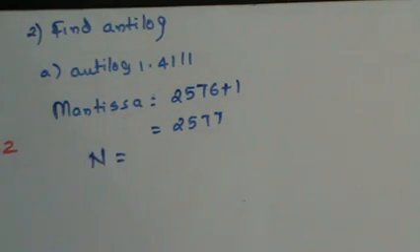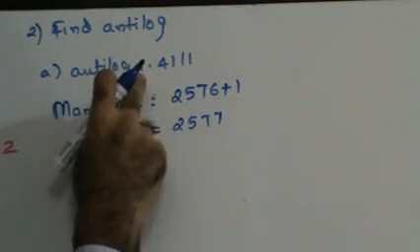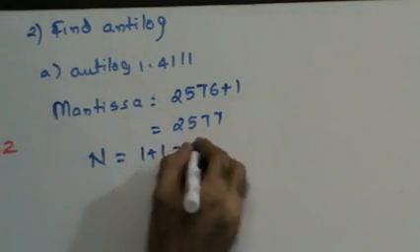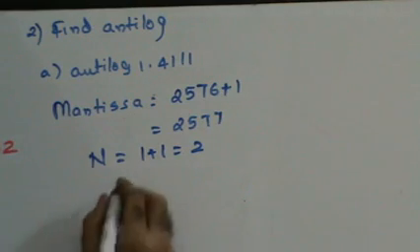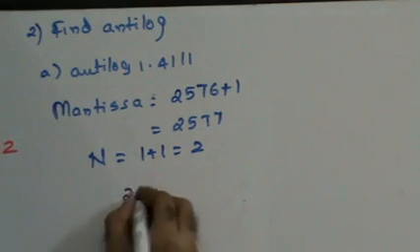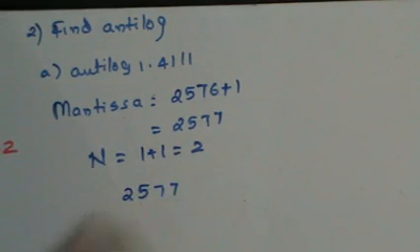N. How do you find out n? Whatever is the number before decimal, add 1 to it. The number before decimal is 1. 1 plus 1, that is 2. Right? Now, the number was 2577. N is positive. When you find mantissa, the decimal is always before the first digit.